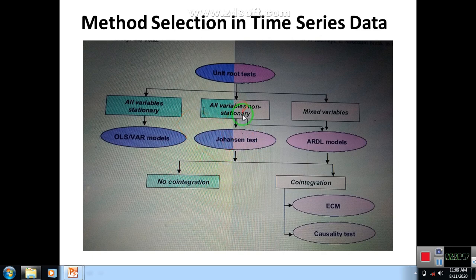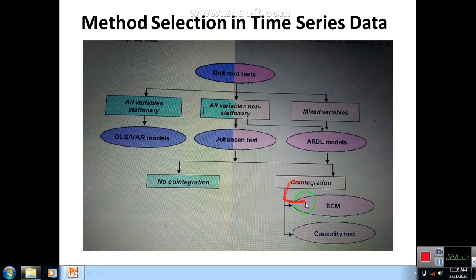Before the Johansen test, we may apply the Engle-Granger test, and the weaknesses of the Engle-Granger co-integration test are covered by the Johansen and Juselius co-integration test. When we apply this test, we find out whether co-integration exists or not.